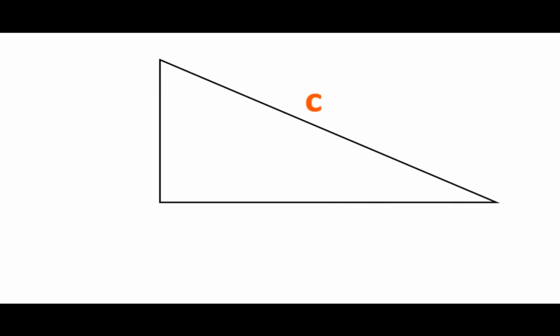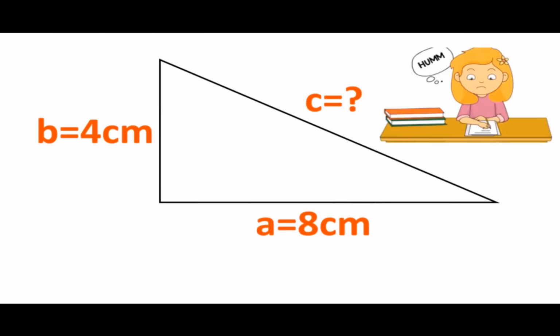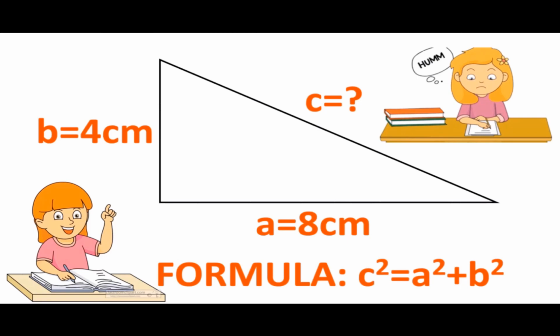Now, let us put values to our legs, A and B. Therefore, we are missing the value of the hypotenuse, which is C. Suppose A is equal to 8 centimeters and B is 4 centimeters. We have to find the length of C. So, how are we going to find the value of C?